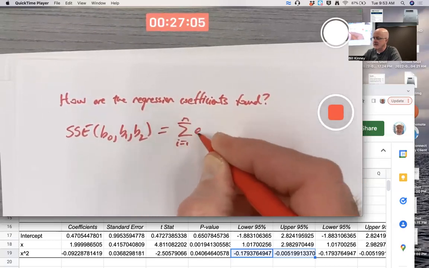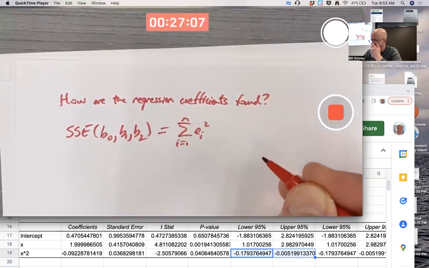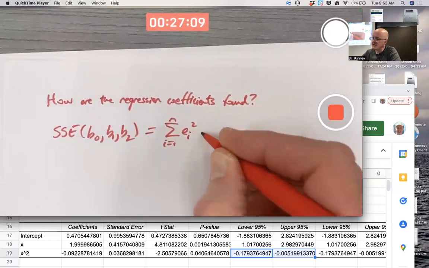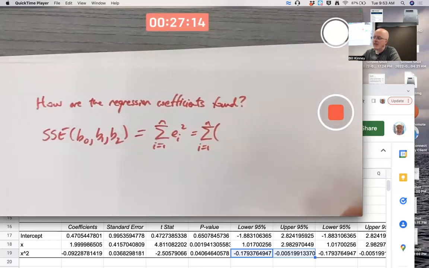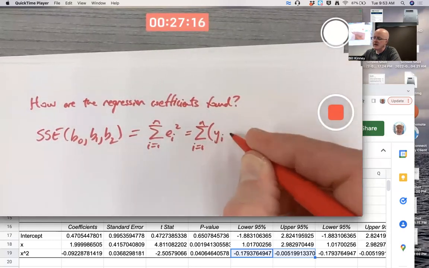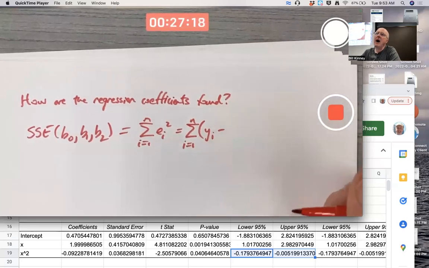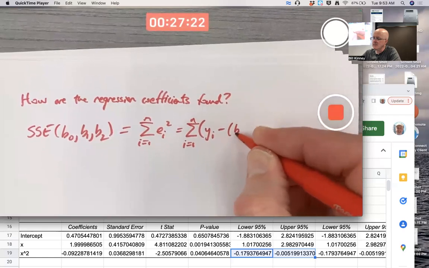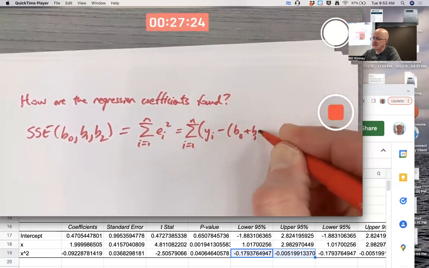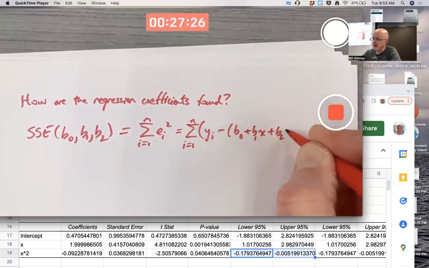And you can still write it in this form. But now the residuals themselves look a little different because the model is different. We're assuming a quadratic model, B0 plus B1x plus B2x squared.